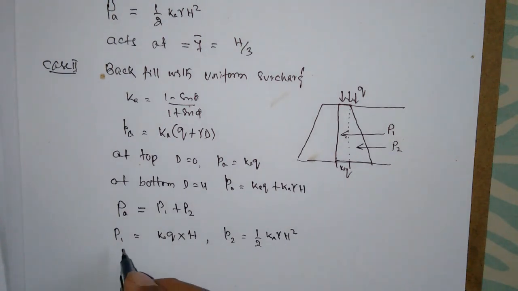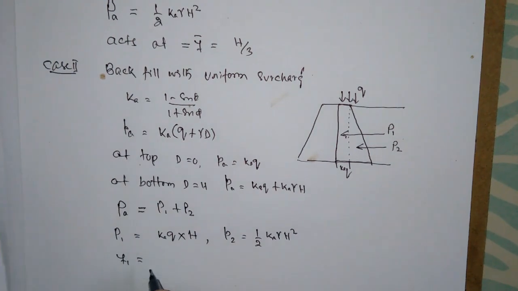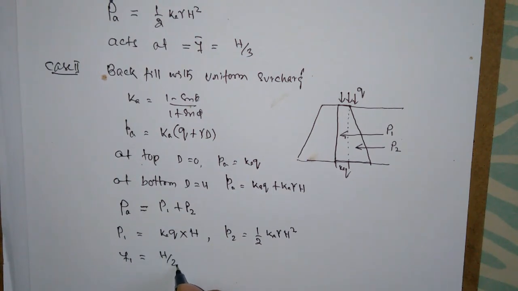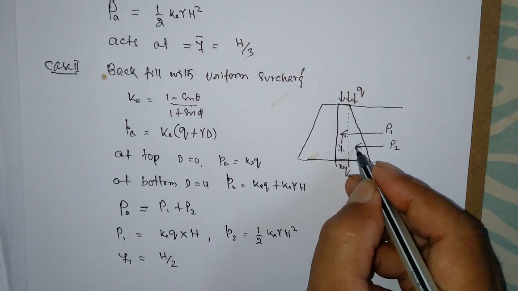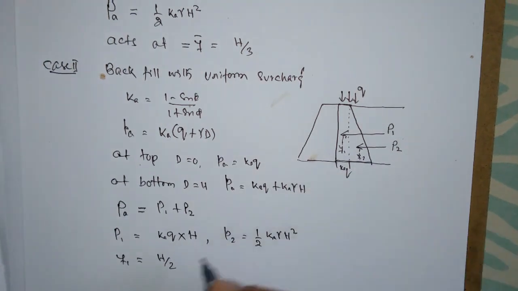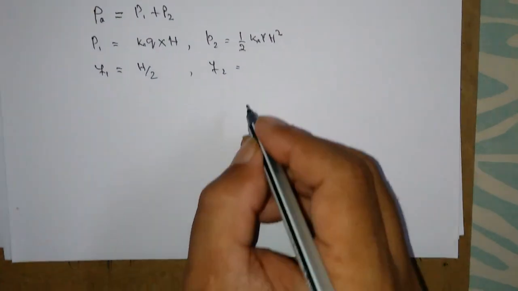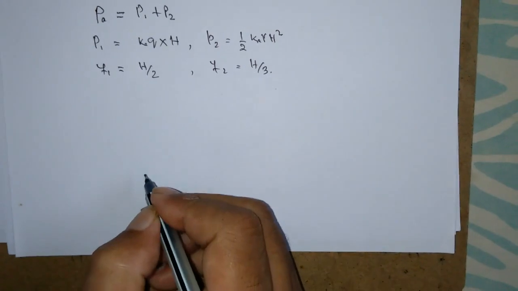Now the point of action of P1 and P2: Y1 is equal to H by 2, since it is a rectangle. This is Y2, and Y2 will be H by 3.